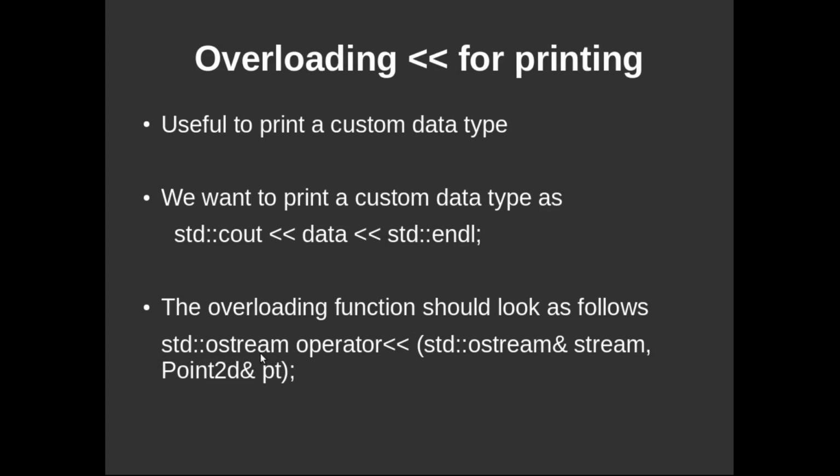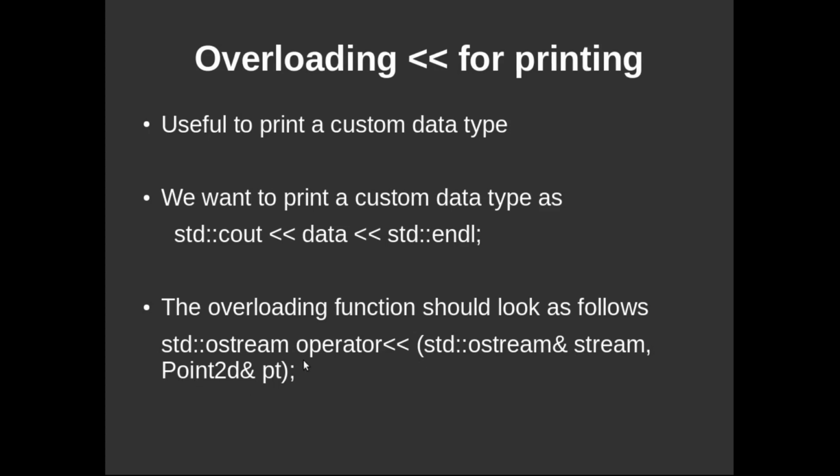As you can see, the return type for this function signature is ostream, and then we have again the keyword operator. We also have the symbol that we want to overload, in this case the left shift operator, and this function takes two input variables. The first one again is stream, which is of type ostream, and the second one is the point pt, which is of type Point2D.